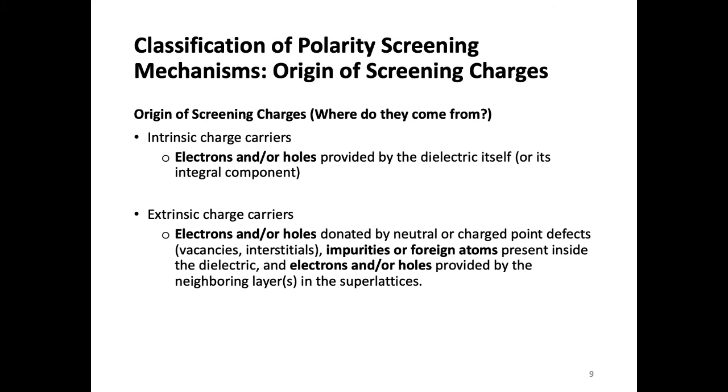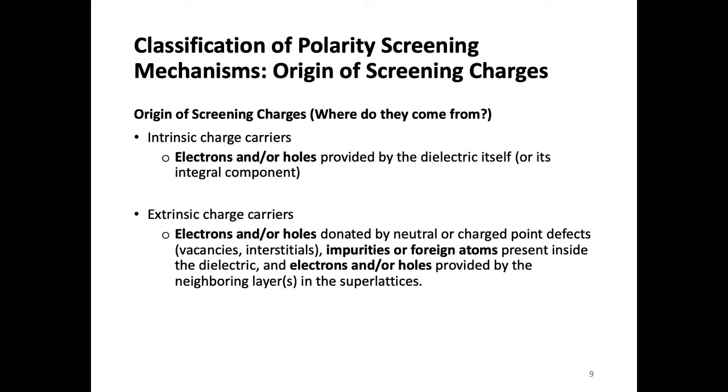So let's start with the classification of polarity screening mechanisms and think about the origin of the screening charge. When I say origin of screening charge, in other words, where do the screening charges come from? As I told you, we can either have intrinsic charge carriers or extrinsic charge carriers. Intrinsic charge carriers are electrons and/or holes provided by the dielectric itself or its integral component.